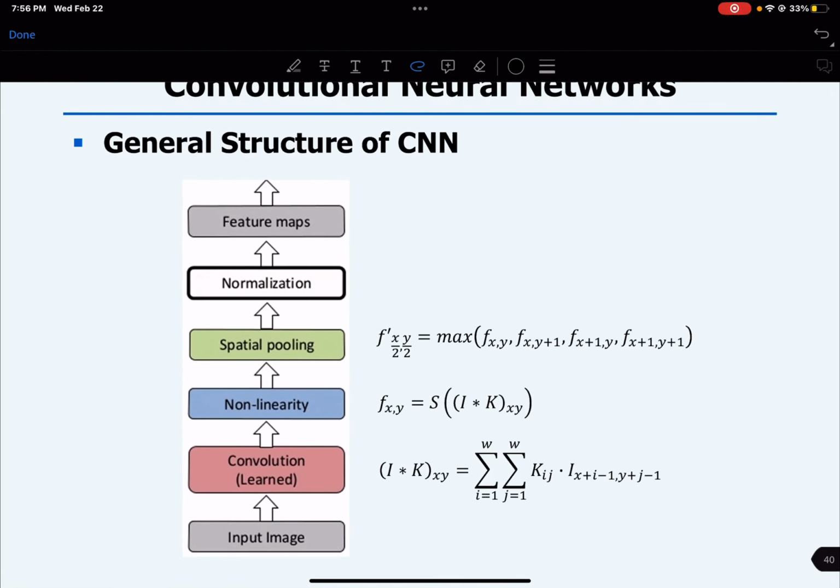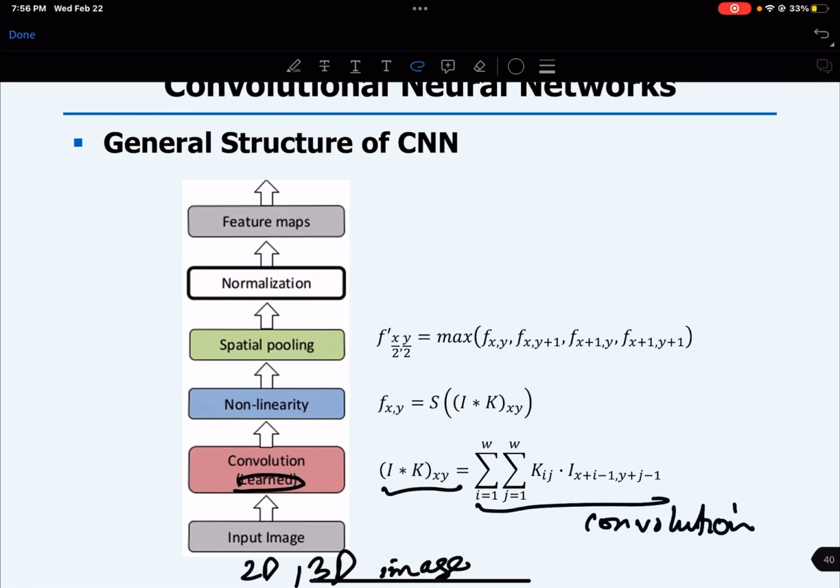So the general structure of a convolutional neural network is your 2D or 3D image, and you extract features using kernels, using the convolution function. Then you apply the nonlinearity. This nonlinear function could be sigmoid, softmax, or tanh, depending on your application.